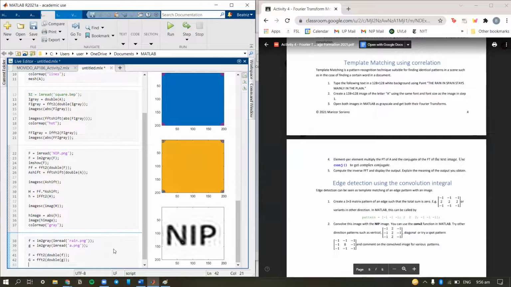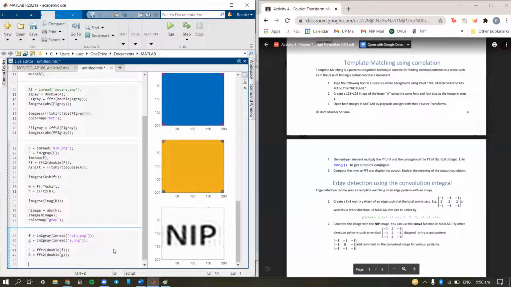Yes. And then capital, ano yung gamit na H? Ano yung gamit natin? P, capital P. P equals conj F element per element multiplied by G. There you go. Woohoo!